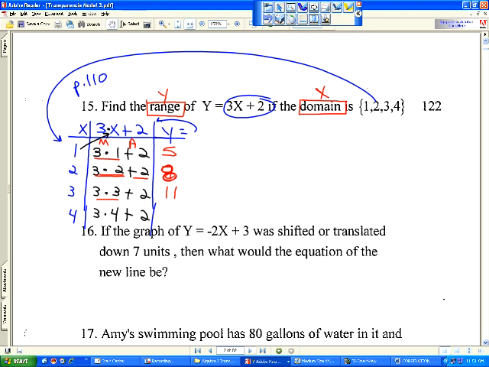Maybe that's why it cut out on me. I was lying and it didn't want me to lie. 3 times 3 is 9 plus 2 is 11. 3 times 4 is 12 plus 2 is 14. We're going to write our range in solution set brackets.